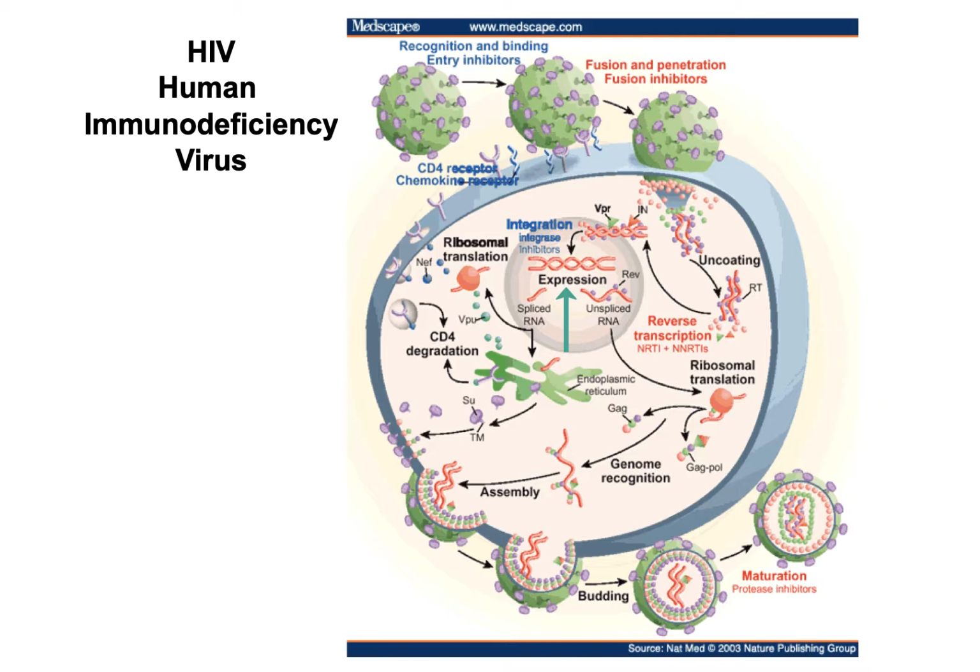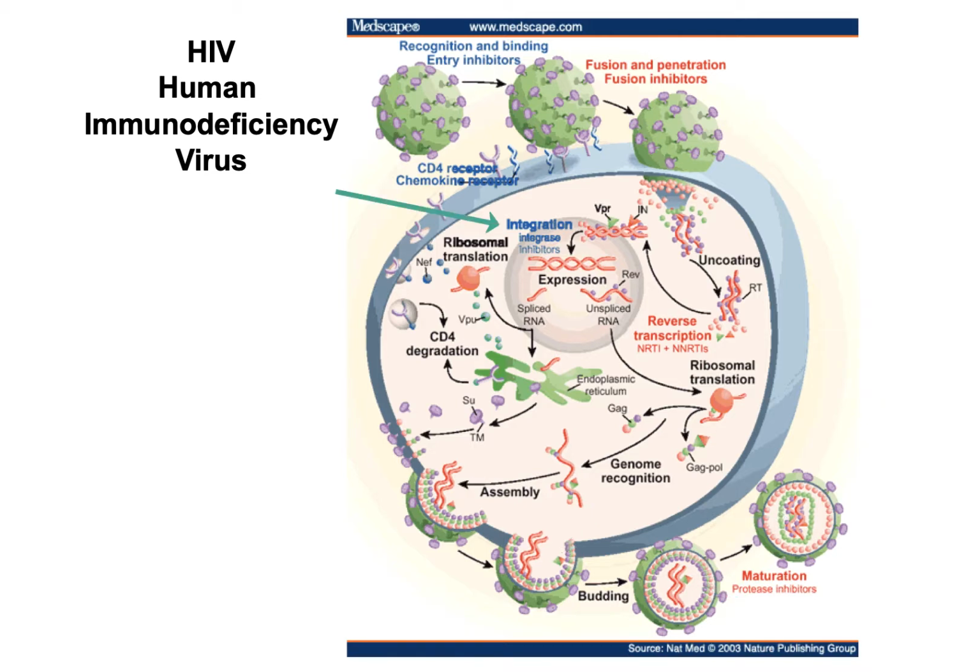You get expression of the genes, and then those mRNAs wind up out in the cytosol again, and you get ribosomal translation followed by encapsulation of the new RNAs and the polyprotein, which contains a reverse transcriptase.